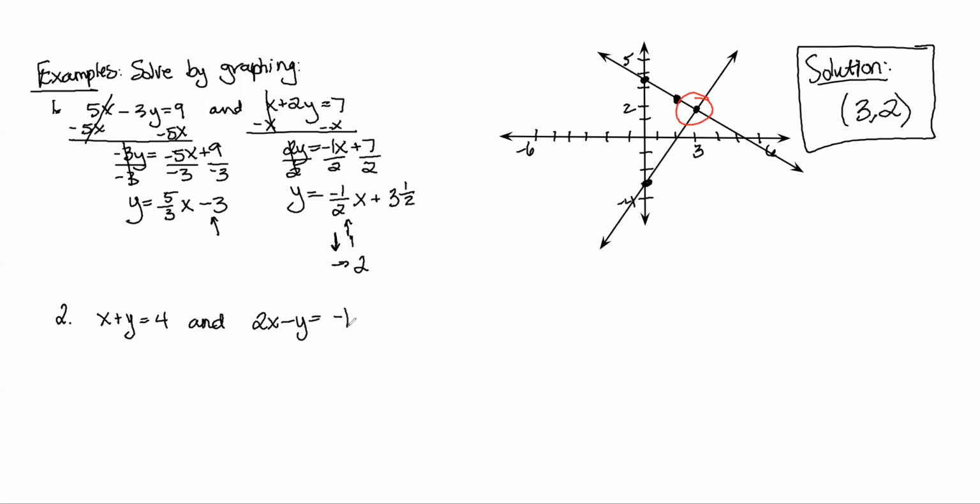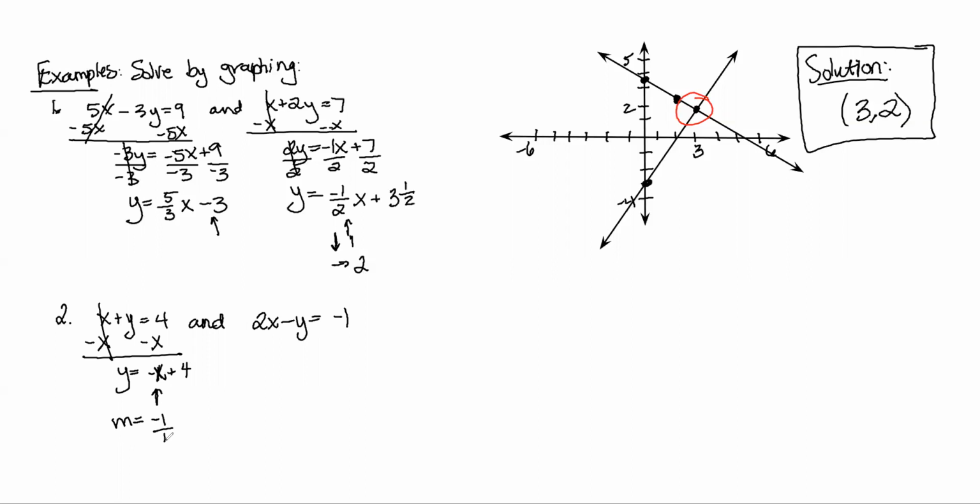All right, so now for this one, we want to go ahead and get the y by itself. So let's subtract x. This one's nice, we're already done. So we get y equals negative x plus 4. So remember our slope here is going to be -1, and we can put that over 1.